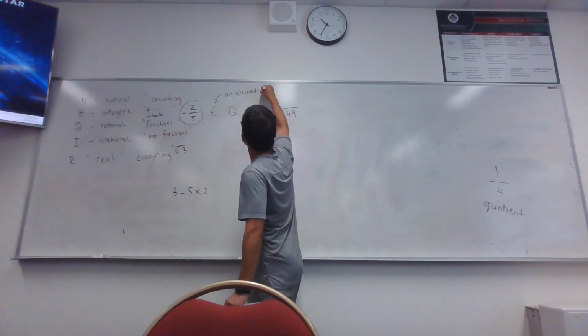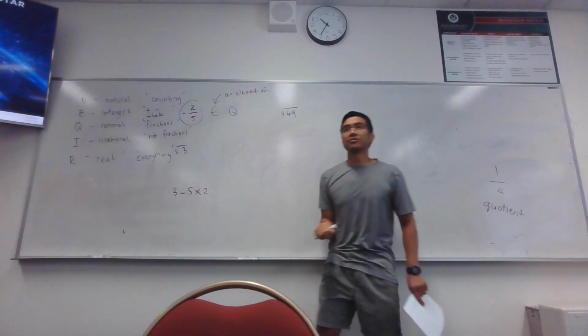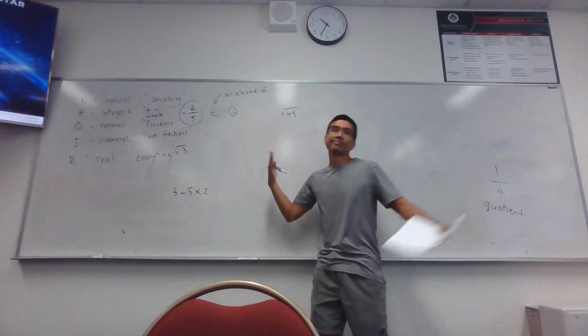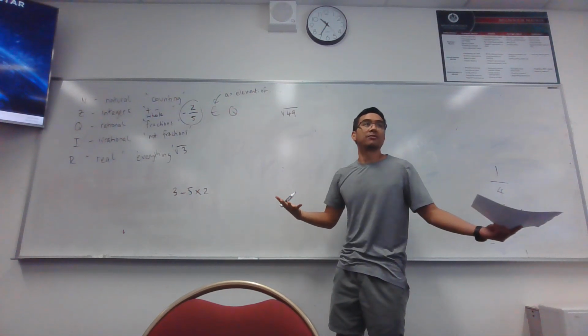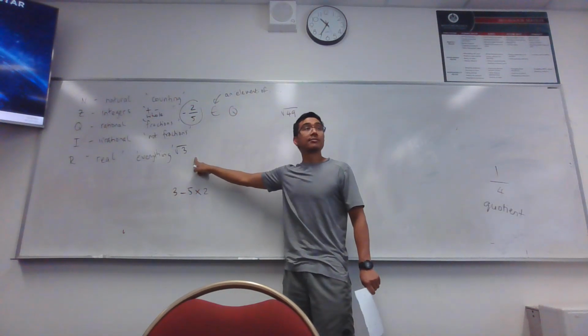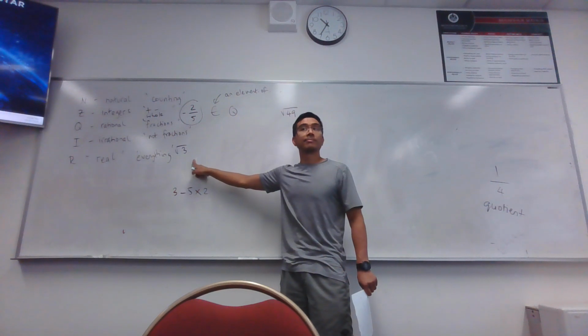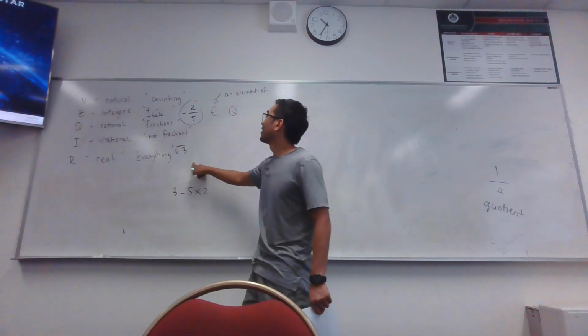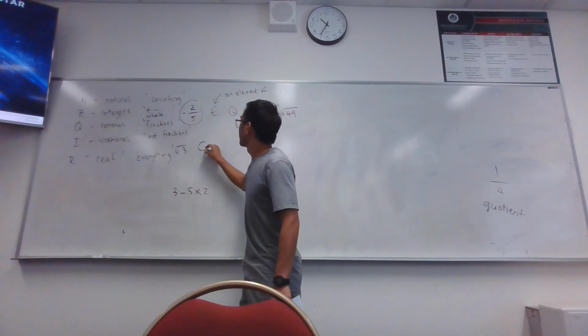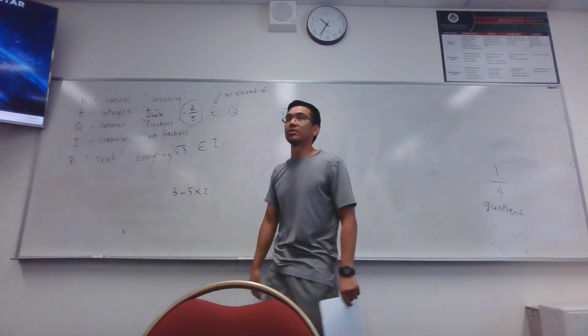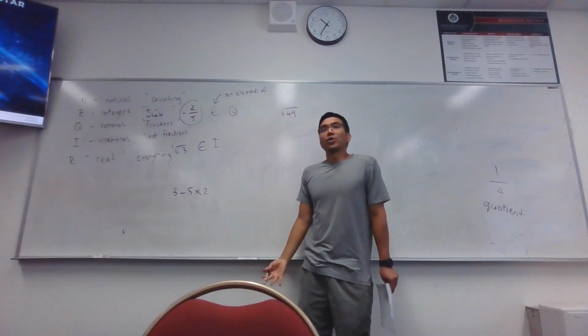An element of. It's part of it. Root 3. Irrational. Real is everything. So what makes it irrational? A quick way to check if something is irrational, what would you do?